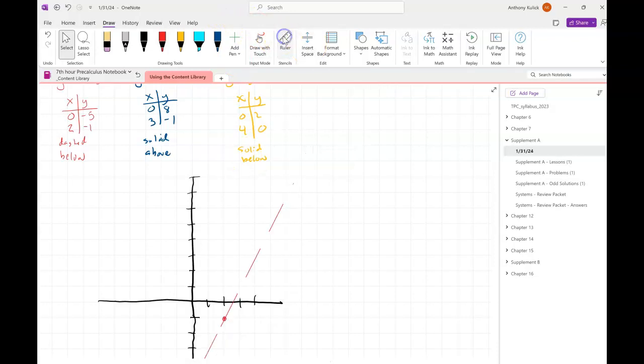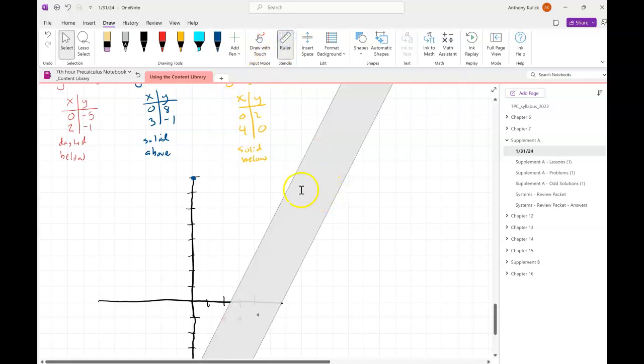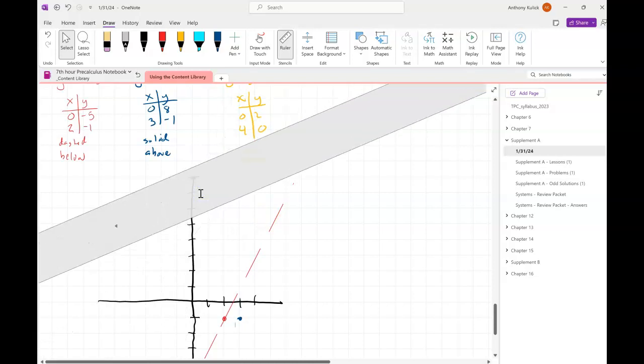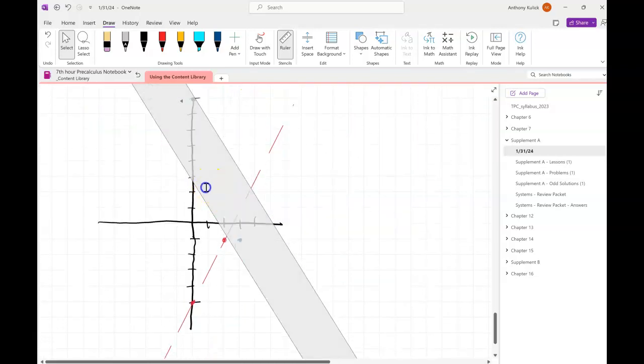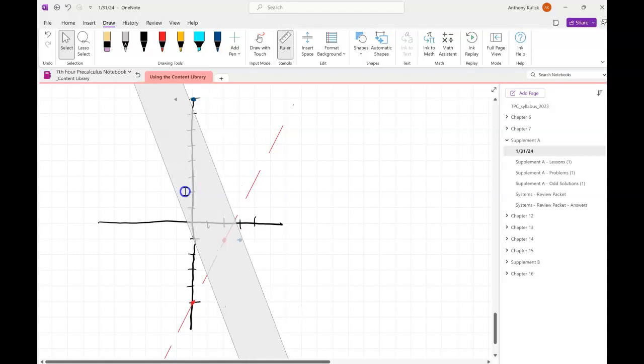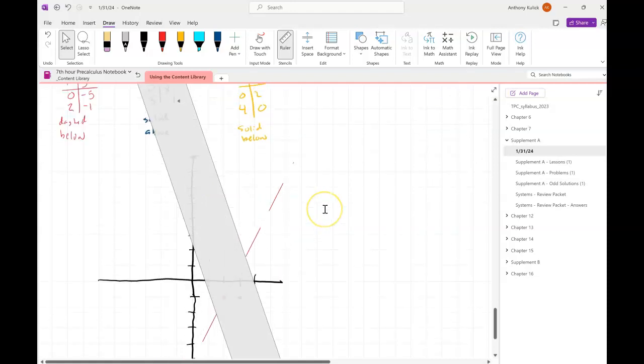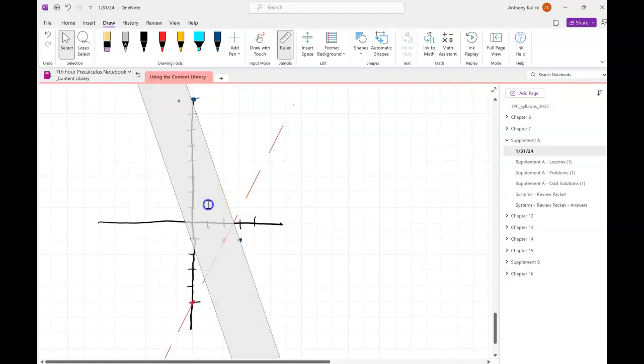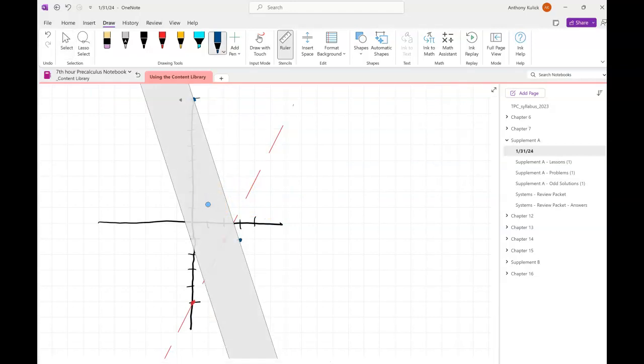Whatever, that's probably fine. Blue, so now we have 0, 8, and then 3, -1. Okay, that's probably enough.